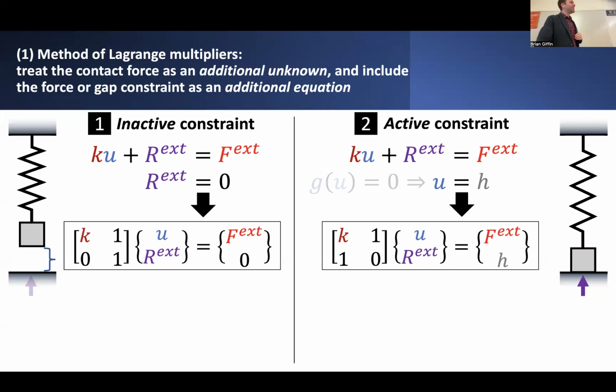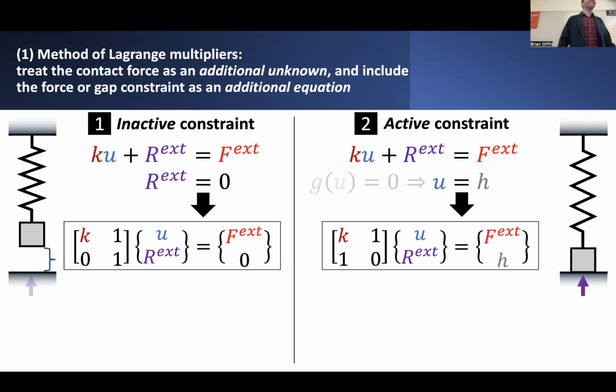Now, in the case of a slightly different approach to solving this problem, you can imagine that solving this equation would have been a lot simpler and more direct if I just said, well, reaction force equals 0. So just plug in 0 here, right? It's such a boneheaded move, right? Similarly, if I know displacement at this point has to be equal to h, just plug in displacement equals h.